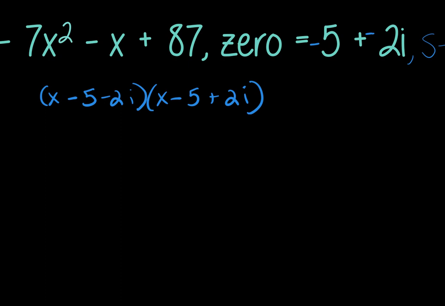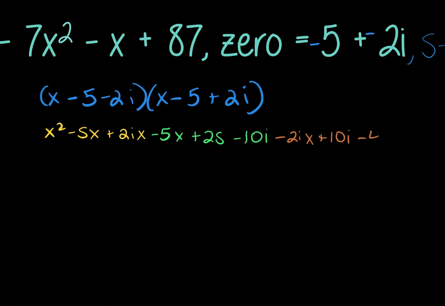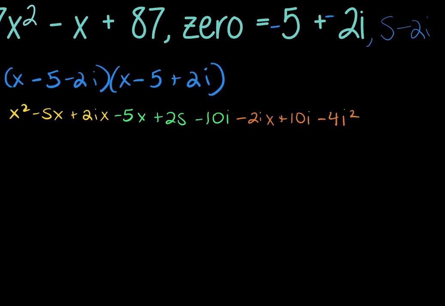Then we multiply it out. x squared minus 5x plus 2ix minus 5x plus 25 minus 10i minus 2ix plus 10i minus 4i squared. 2ix, negative 2ix go away.